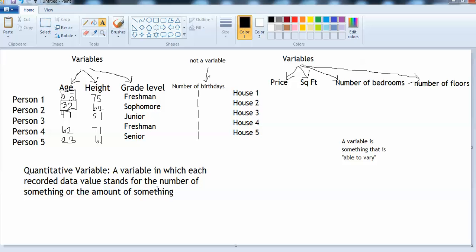So what about something that's not quantitative?